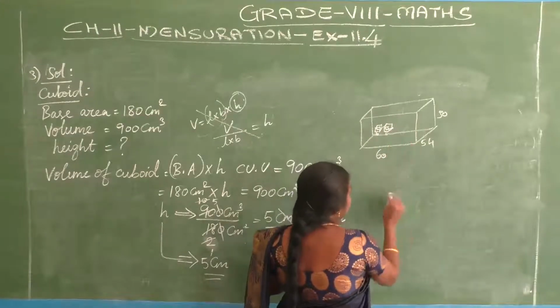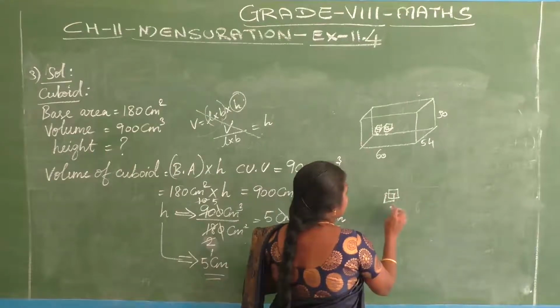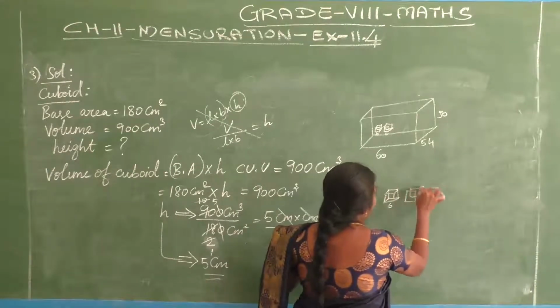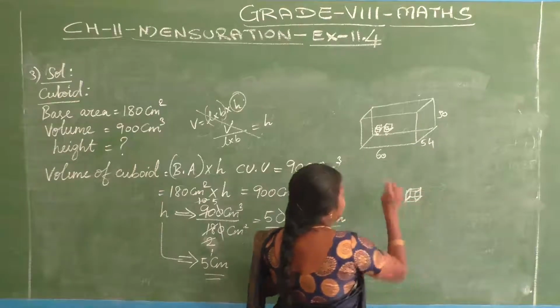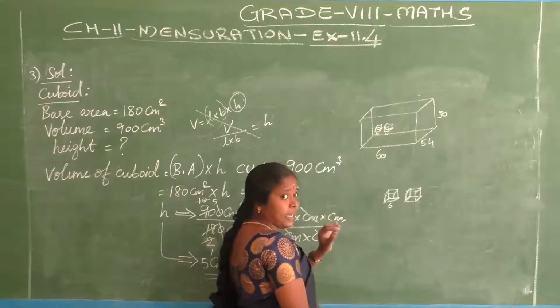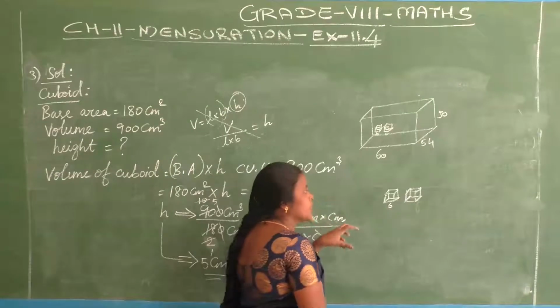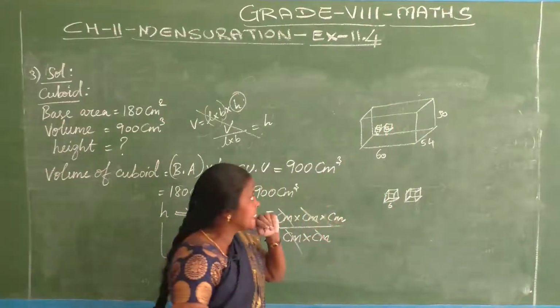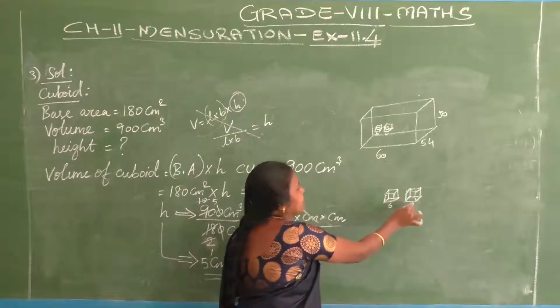Okay, the small cubes having 6 centimeter, we have to arrange in the inner part. That means how many such cubes can be filled in it? This is the question. That side is mentioned as 6 centimeter.